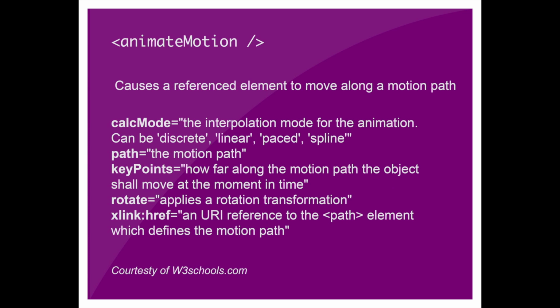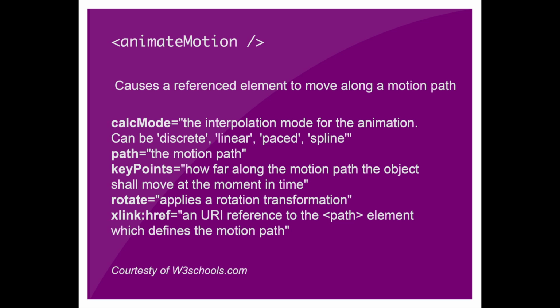The next one we'll look at is animateMotion. This causes a referenced element to move along a motion path. You can give it a calc mode, which sets its pace: discrete, linear, paced, spline. A path, which is the motion it goes along. Key points, how far along the motion path the object will move at a moment in time.